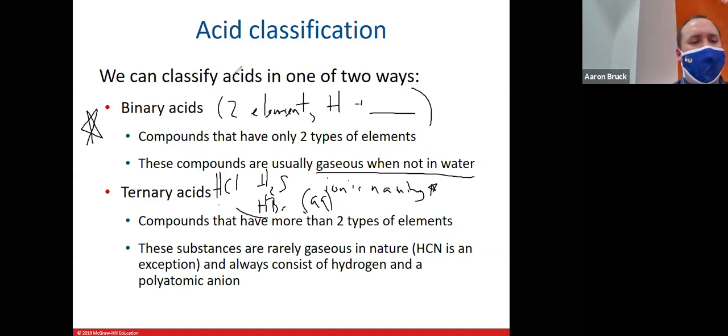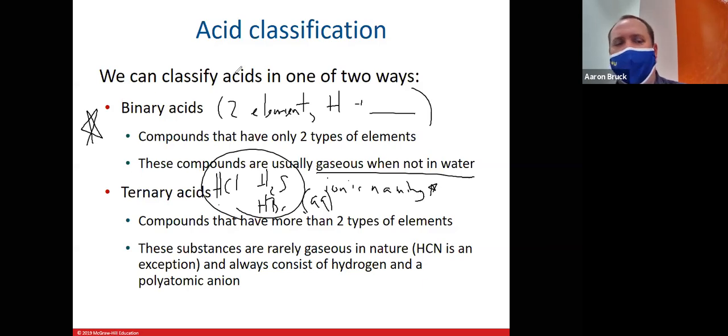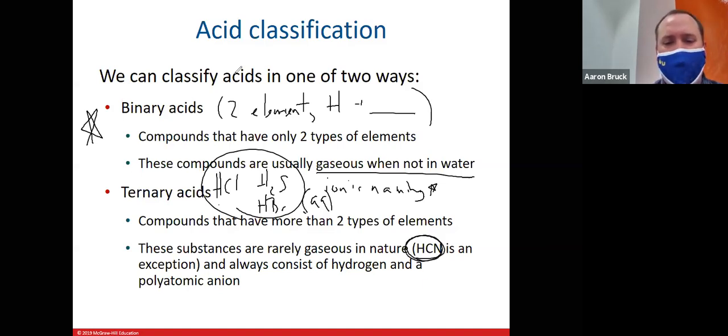So if you see any of these and they're either gas phase or they are not specifically listed as aq, then we name them ionically. Hydrogen chloride, hydrogen sulfide, hydrogen bromide. And actually, HCN, which is technically a ternary acid, behaves in that same kind of way as well.